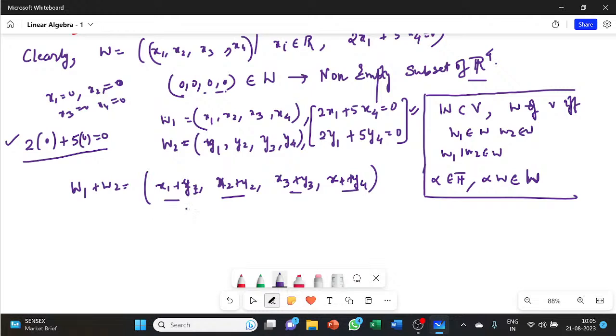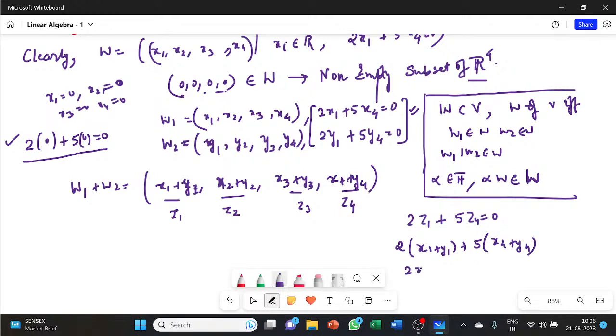Now think about all these things. So this is some z1, here it is some z2, here it is z3, and here it is z4. Do you think that 2 times z1 plus 5 times z4 is equal to 0? Let us see. What is 2 times z1? It is simply 2 times x1 plus y1. And what is 5 times z4? It is simply 5 times x4 plus y4.